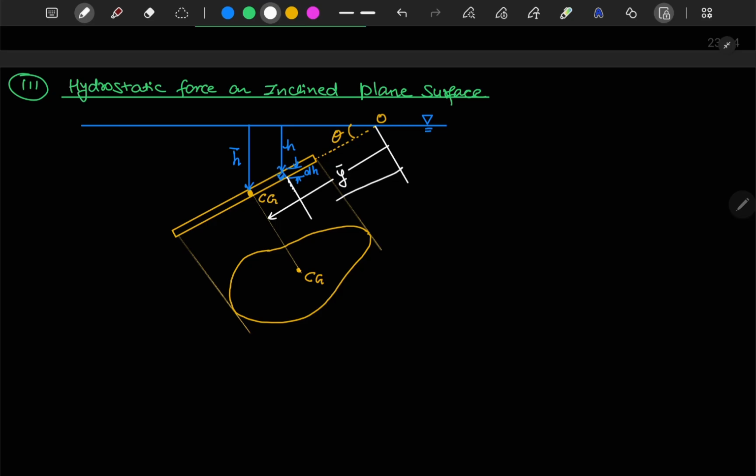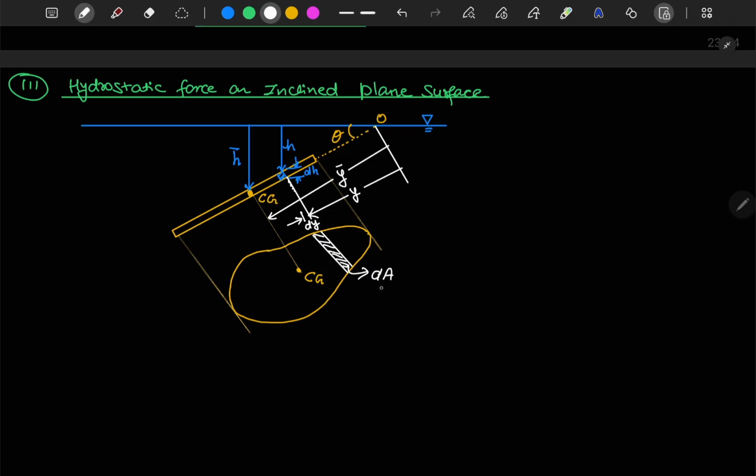This element here is at a distance y and has a dy distance. This is your dy, and of course let's say this area is dA.